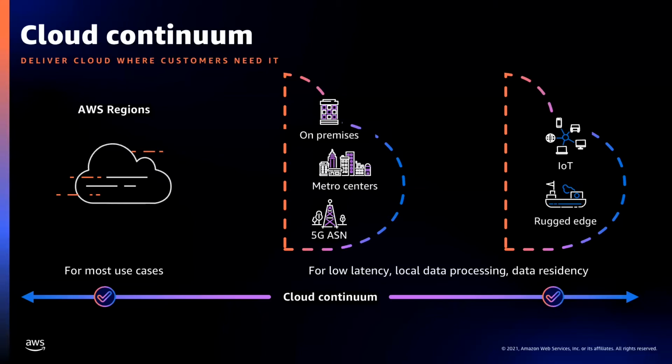So what we came up with, we basically have something called Outpost, which we'll talk about in a second here. Wavelength as well. So, Wavelength is where we actually partner with some of the third-party telcos like Verizon in this case, to be that central point where you can directly interact and they directly have a connection into the regions. And also metro centers, so what we call local zones.